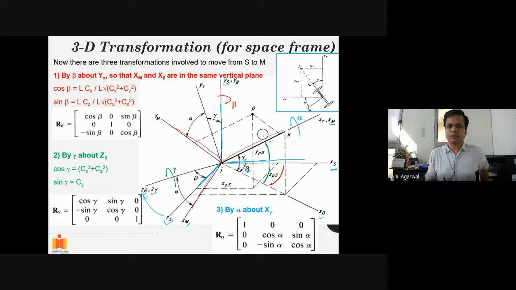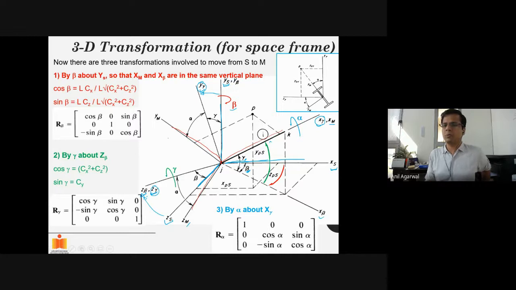So the new coordinate system after this rotation is z gamma, x gamma, and at the same time my y will also move. Earlier, when we did the beta, y did not move, but this time y will move to y gamma. So first rotation I did about ys, next rotation about z beta, and then I get x gamma, y gamma, and z gamma.